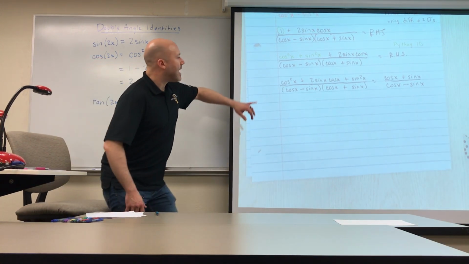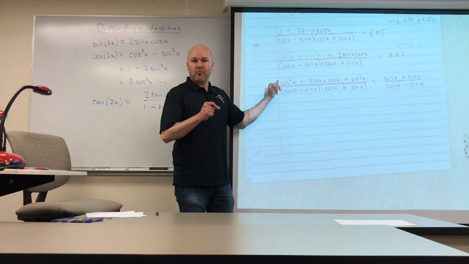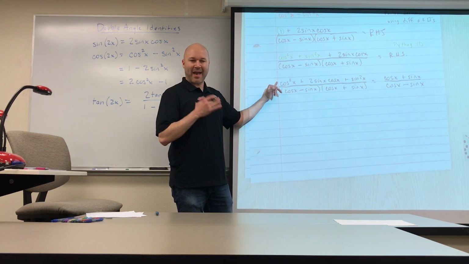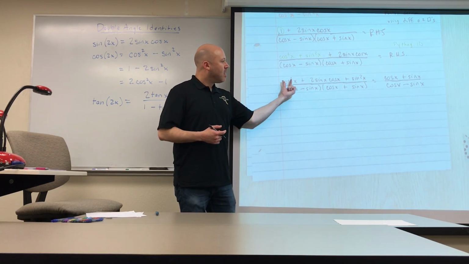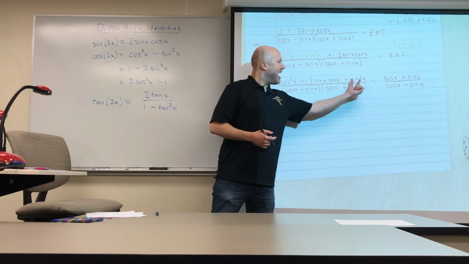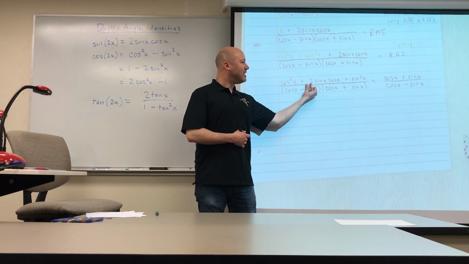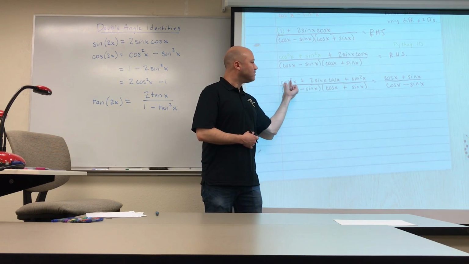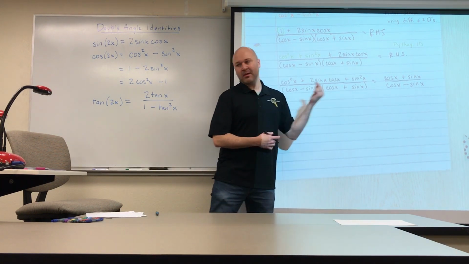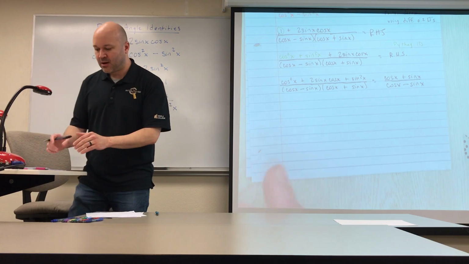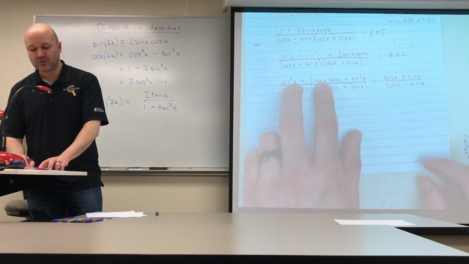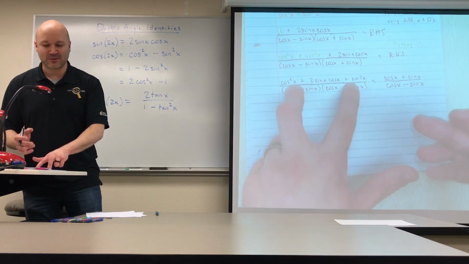All right, I claim when I'm looking at the numerator, you should maybe be able to see a pattern you've seen before. I have a perfect square on the front and on the end, and then the middle term happens to be twice their product, so a single cosine and a single sine. That shape, we call that a perfect square trinomial, and it factors beautifully.